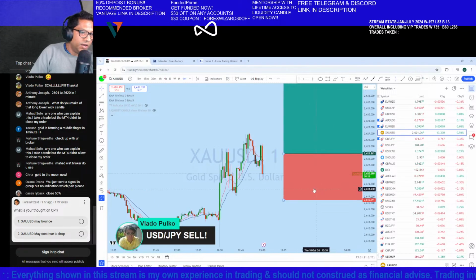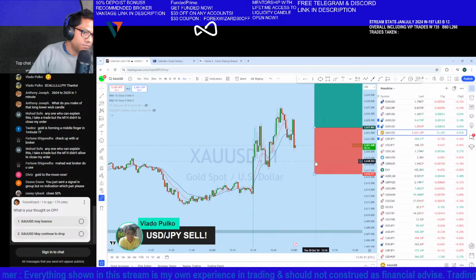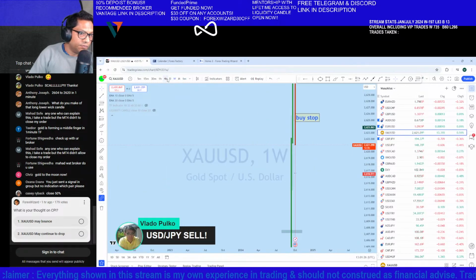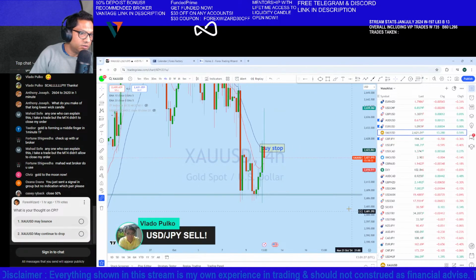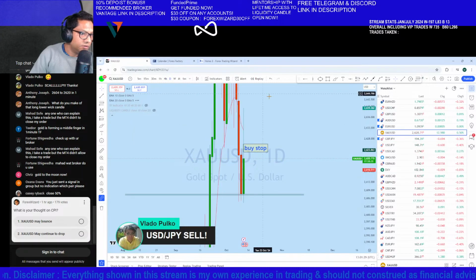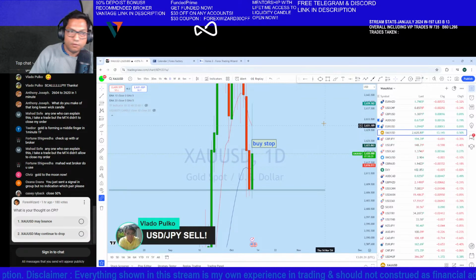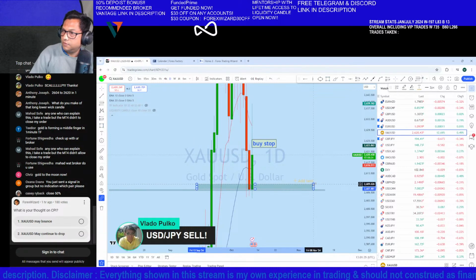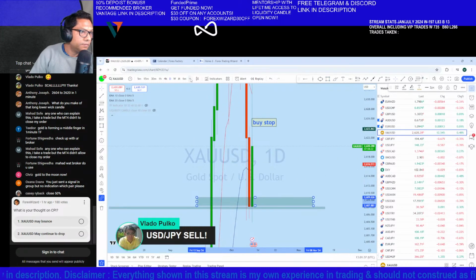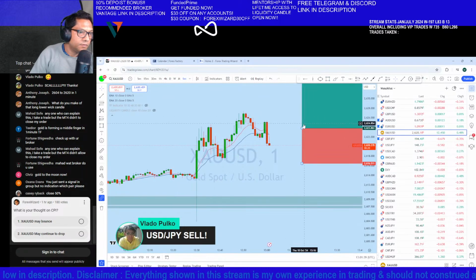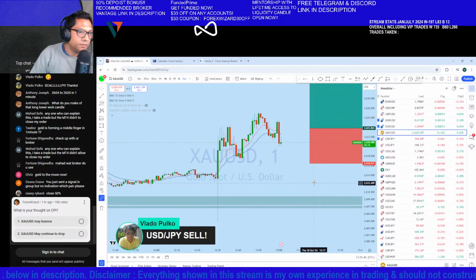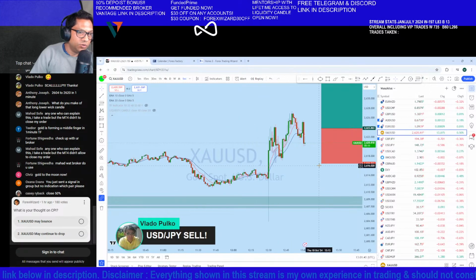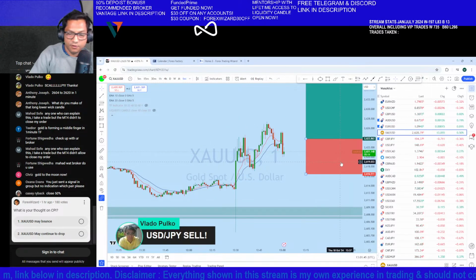But I think we might see that daily support retest that we discussed potentially. This is the daily support. But I still want to wait to see how the market evolves.